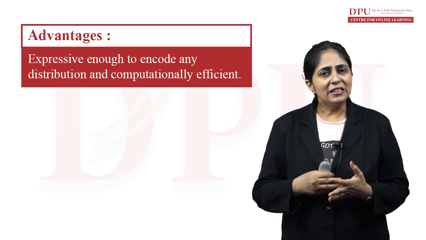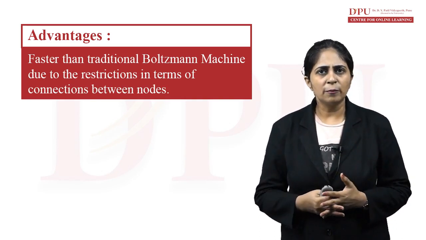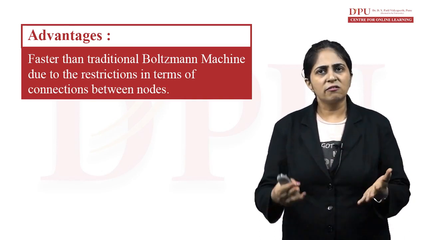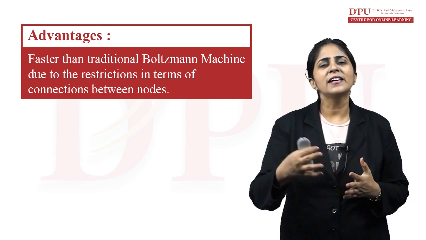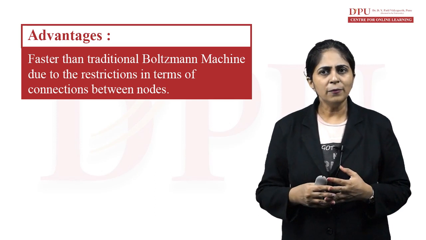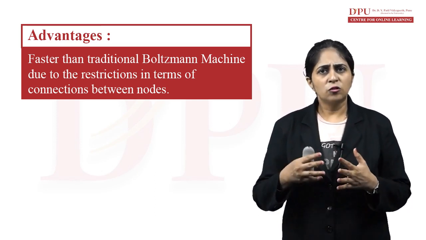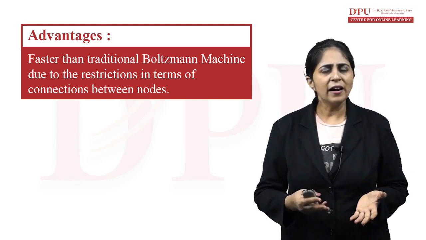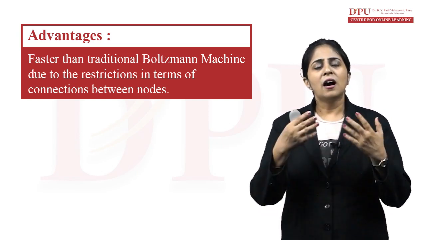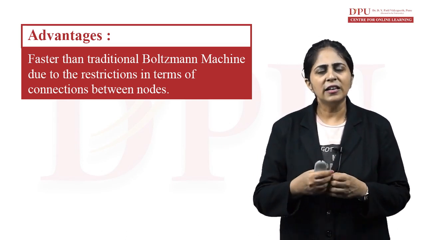Now, these restricted Boltzmann machines are faster than traditional Boltzmann machines due to the restriction in terms of connection between the nodes. Here we have understood that in our RBM there is no intralayer communication.